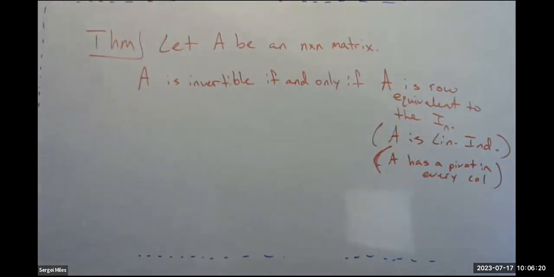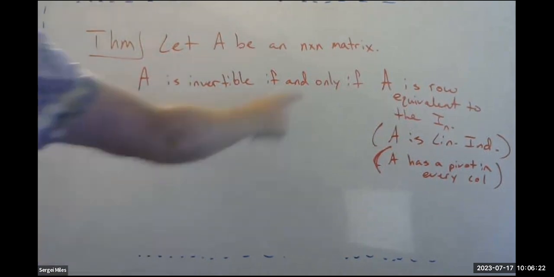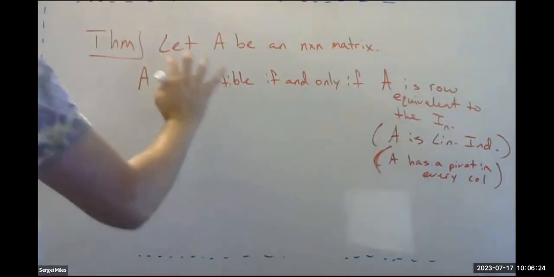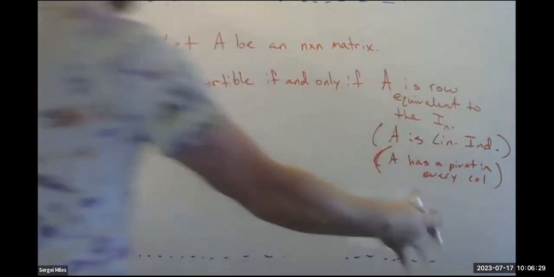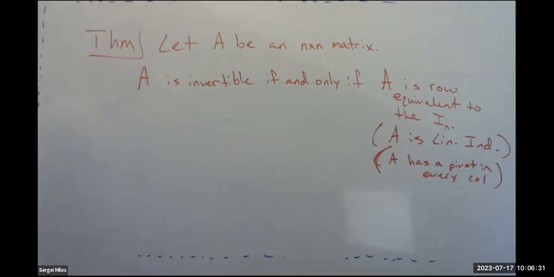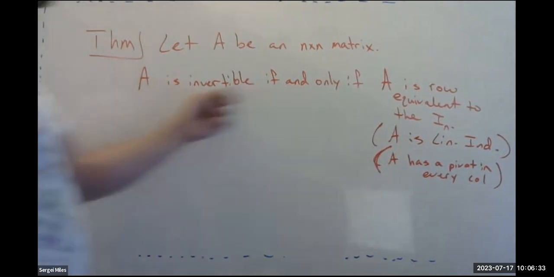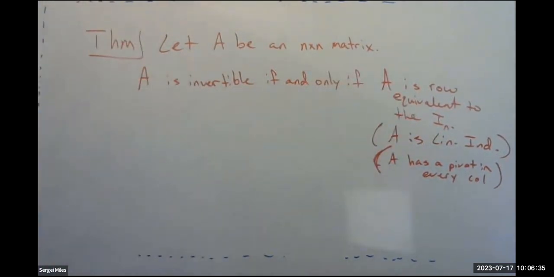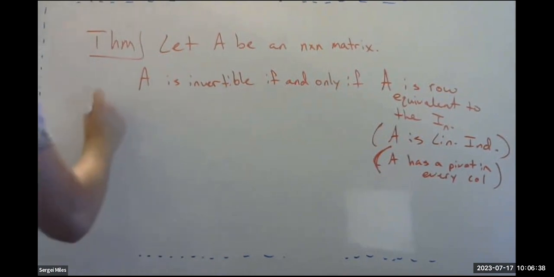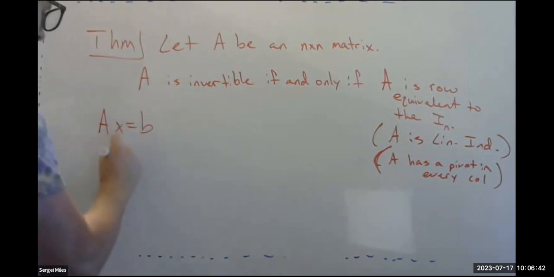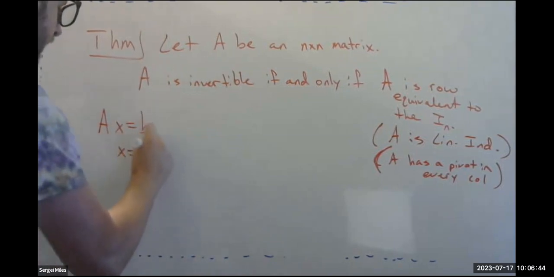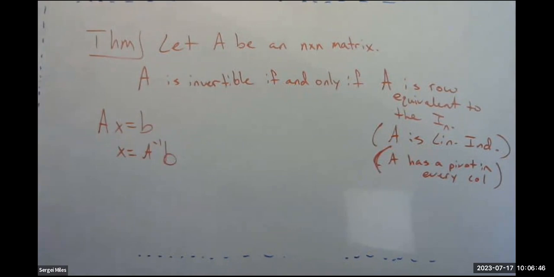Why does this theorem work, right? This if and only if goes both directions, which means this implies all of that, and all of this implies A invertible. Why? Well, for left implies right, think about if A is invertible, that means AX equals B has a solution. X just equals A inverse times B. But that means we have a solution for every single B, right?